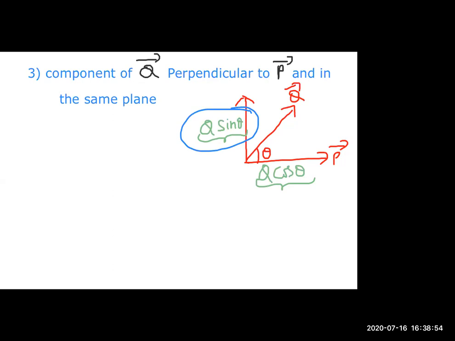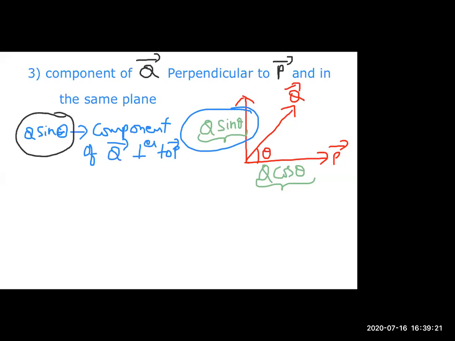What is Q sin theta? Only Q sin theta, I can call it the component of Q bar perpendicular to P bar.